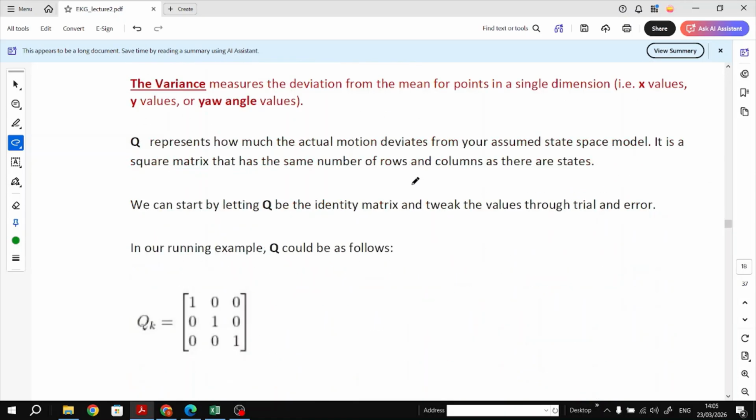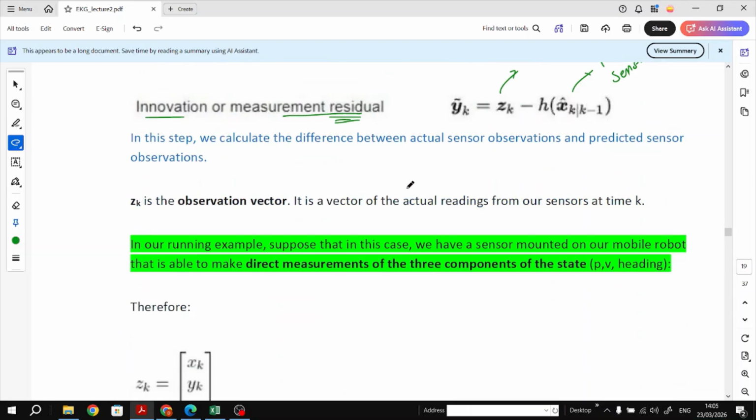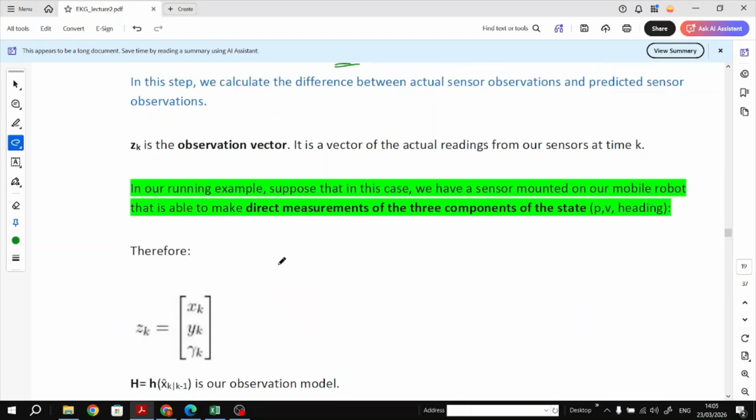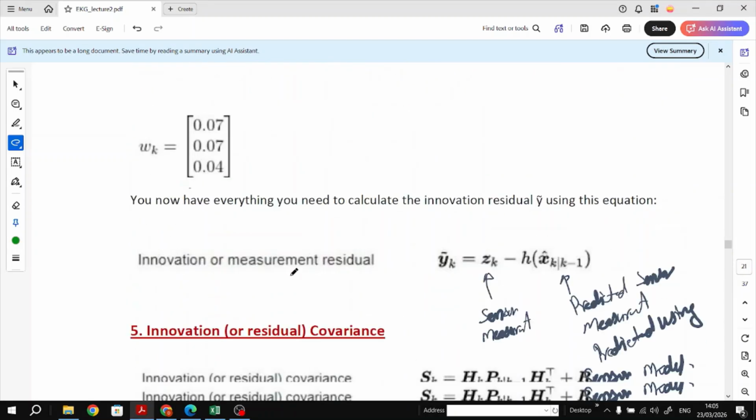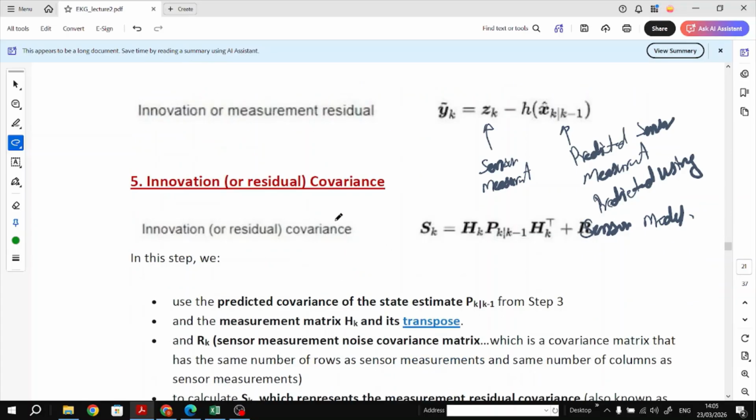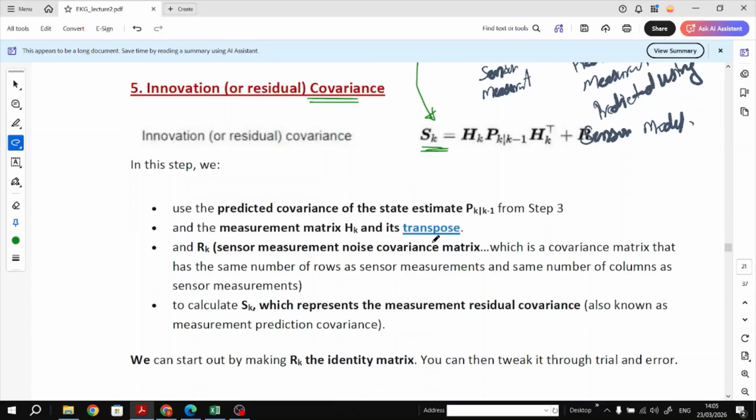So here, in this example, you calculate this measurement residual or innovation vector, and then you also calculate your innovation covariance matrix, which is nothing but the covariance matrix of your measurement residual vector. Use this covariance matrix in your Kalman gain calculation.